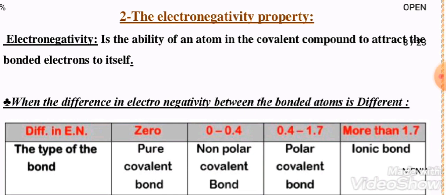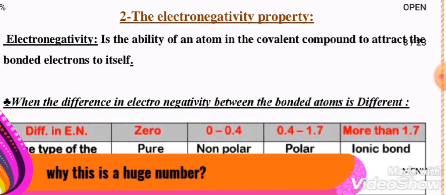And if it's more than 0.4, it's a polar covalent bond. And if it's more than 1.7, which is a huge number, it's an ionic bond.